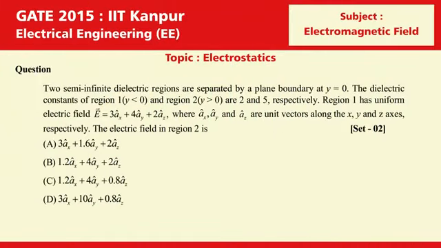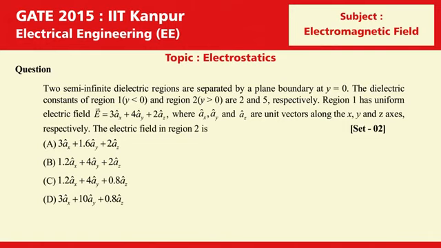This question is asked in GATE 2015 set 2. Two semi-infinite dielectric regions are separated by a plane boundary at y equal to 0. The dielectric constants of region 1, that is y less than 0, and region 2, y greater than 0, are 2 and 5 respectively. Region 1 has uniform electric field 3ax cap plus 4ay cap plus 2az cap, where ax, ay, az are unit vectors along x, y and z axis respectively.